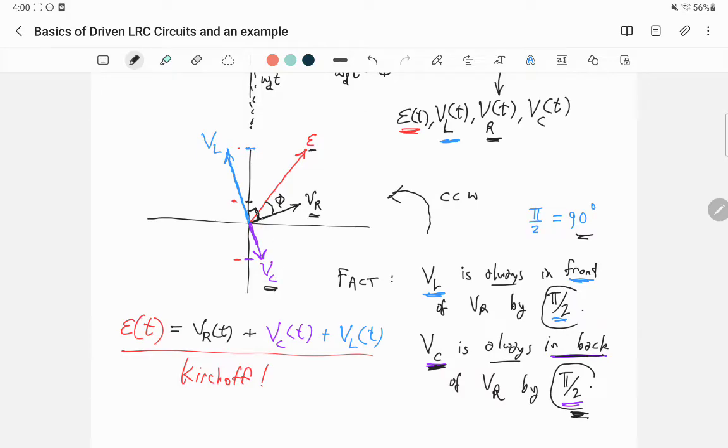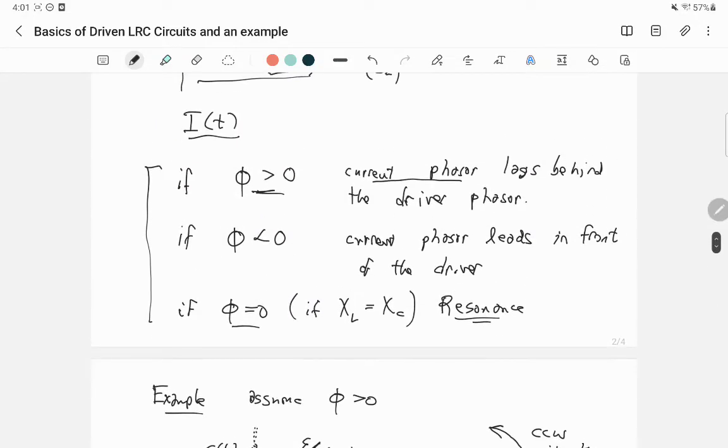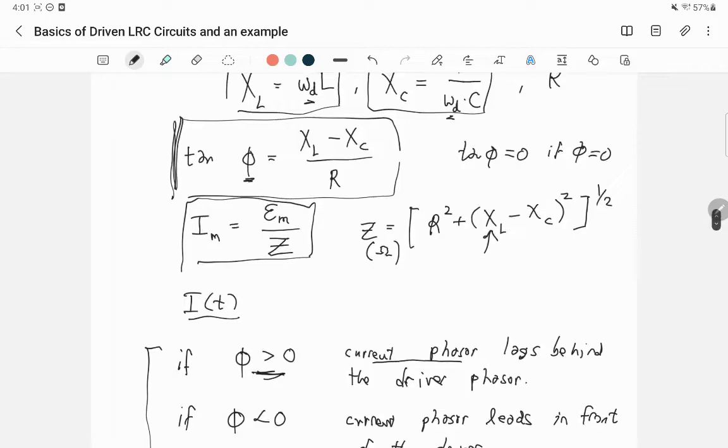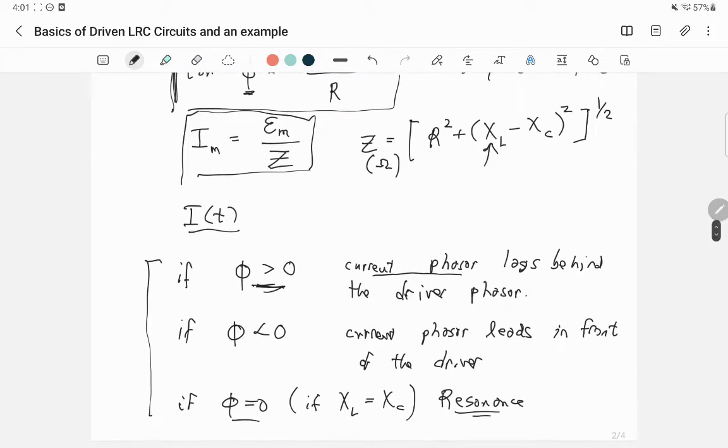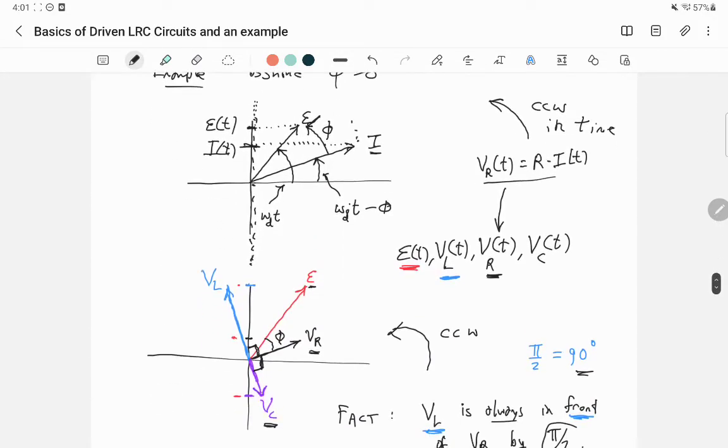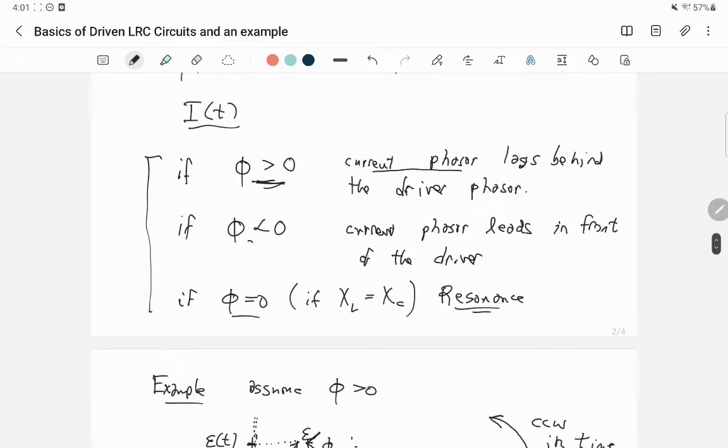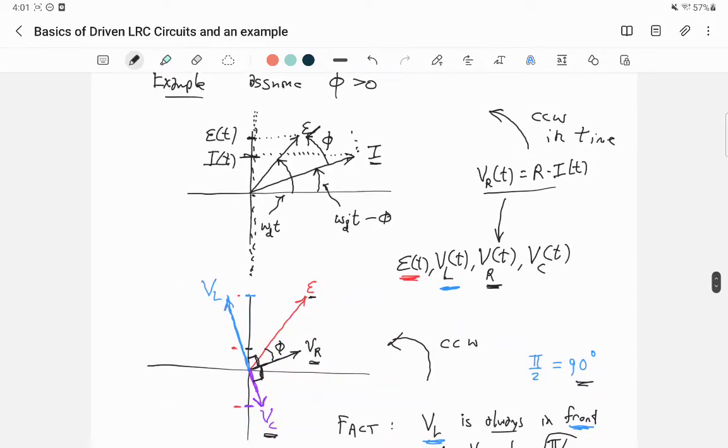And V sub C is always behind V sub R by 90 degrees. In this particular case of phi being bigger than 0, because the inductive reactance is bigger than the capacitive reactance, the resistor voltage is going to be behind the driver voltage. But if the capacitive reactance were bigger than the inductive reactance, then V sub R, the black arrow, would be on the leading side of the driver voltage.